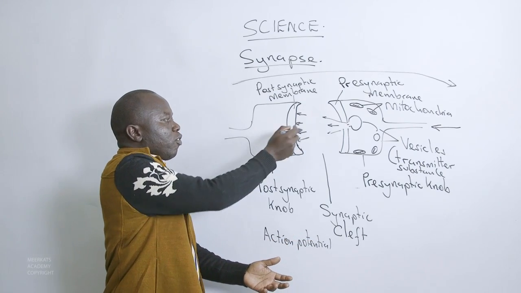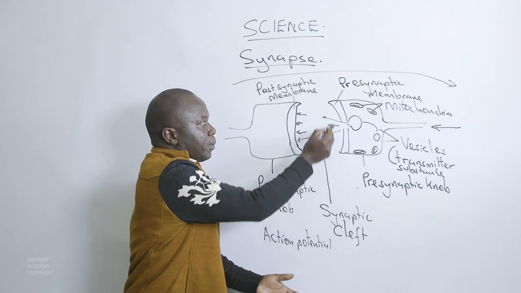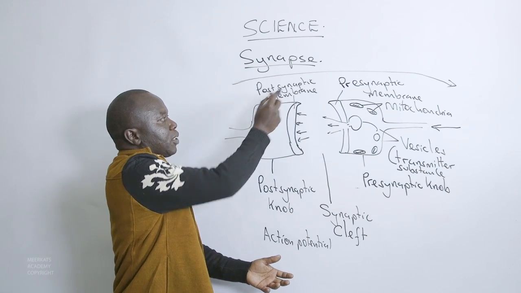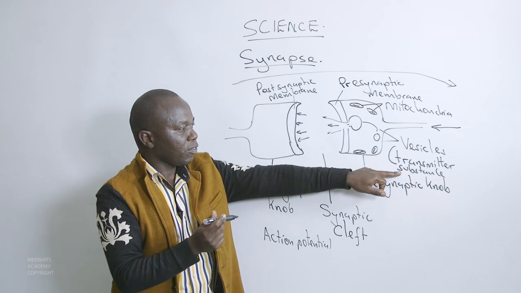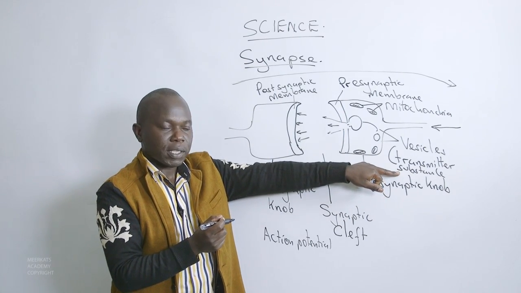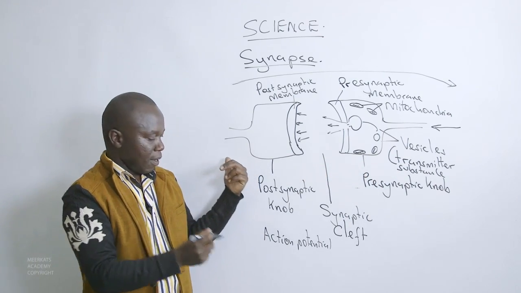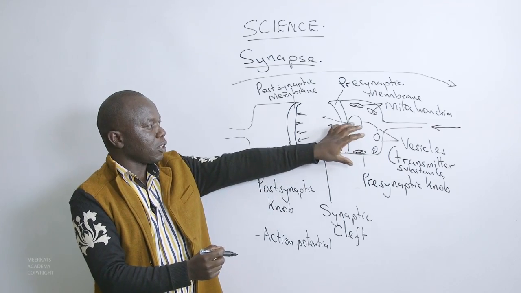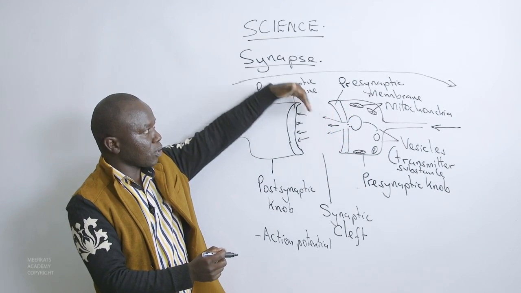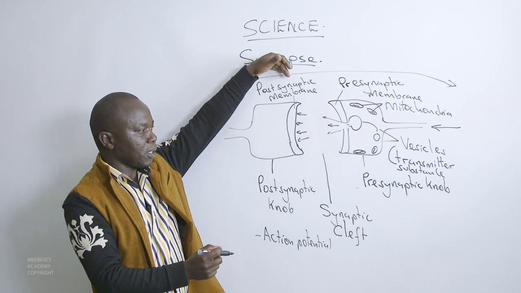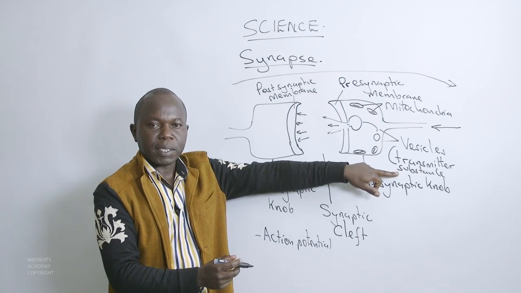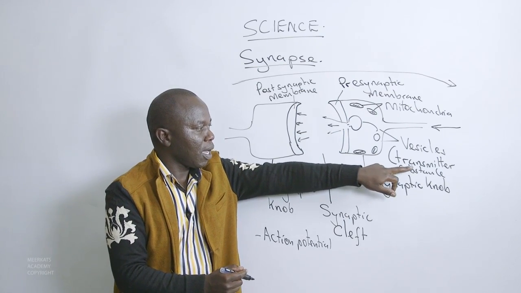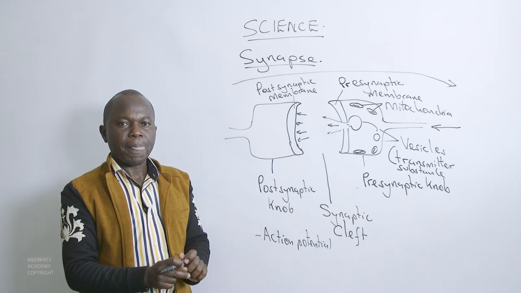So there will be flow of ions across the presynaptic membrane and postsynaptic membrane under the influence of transmitter substance. So in that way, there will be flow or transmission of nerve impulse across the synapse. The most important substance is the transmitter substance.